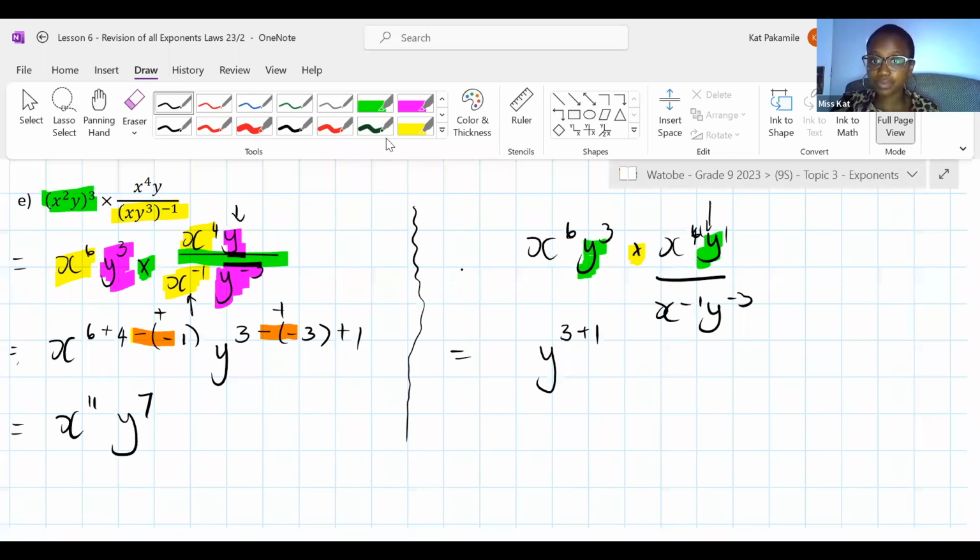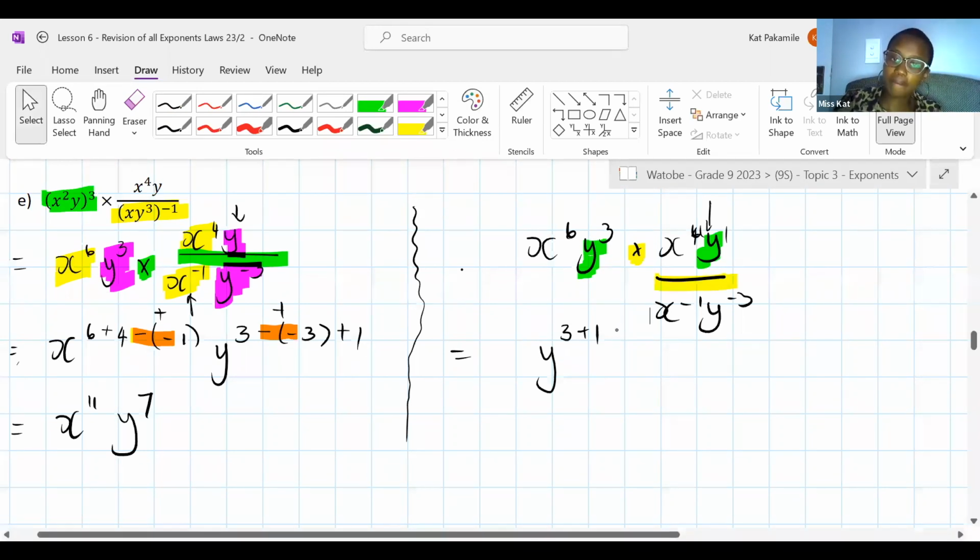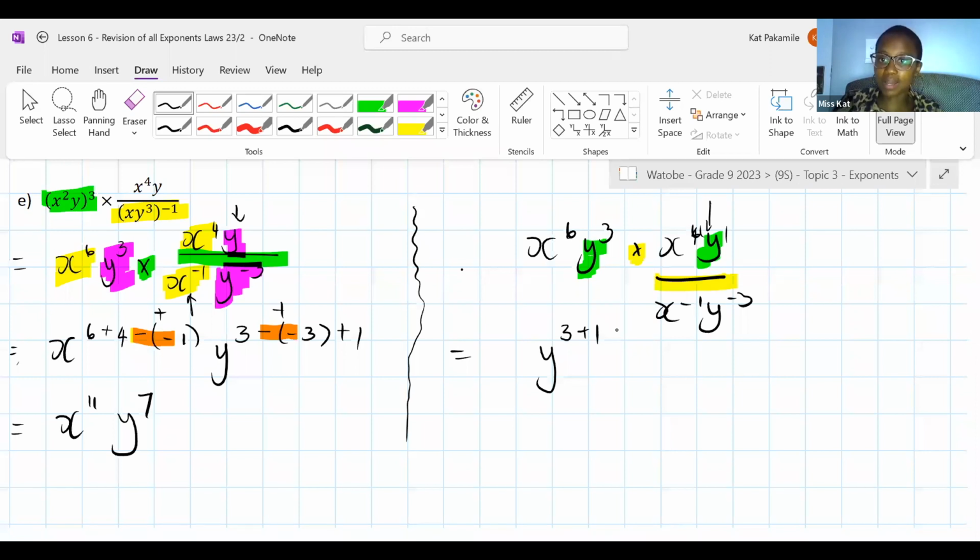Yes, ma'am. And then we have a division over here. Do you see that? When we divide, what do we do to the exponent? We minus them. So what are we minusing?